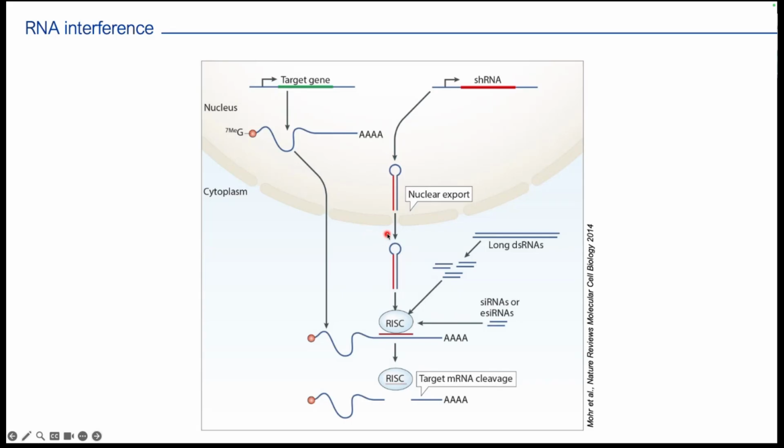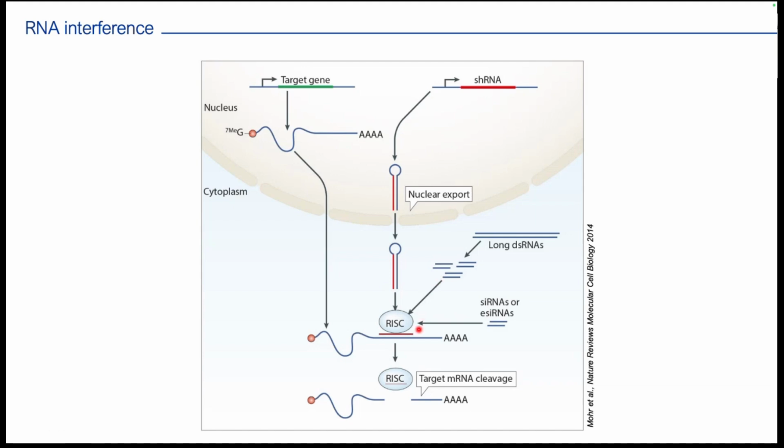What I want to highlight here is different ways in different systems to induce RNA silencing. So if we start here, this would be the way that we use for screening, using synthetic siRNAs transfected into the cells. This gets incorporated into the RISC complex, the RNA-induced silencing complex.